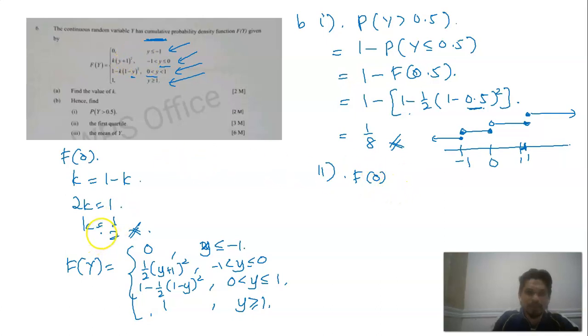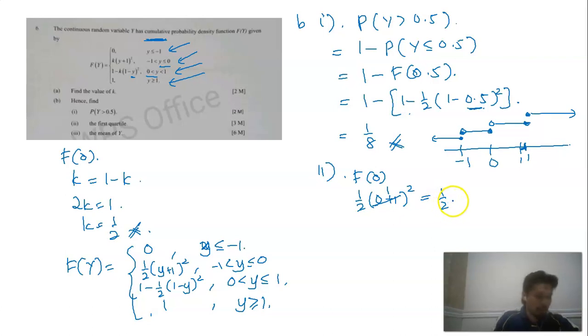As we know the value of k is half, so 1 over 2 (y plus 1), y equal to 0, 0 plus 1 square. 0 plus 1 is 1, 1 square is 1, 1 times half is equal to 1 over 2. And from the cumulative distribution function, 1 over 2 is the median of the function.